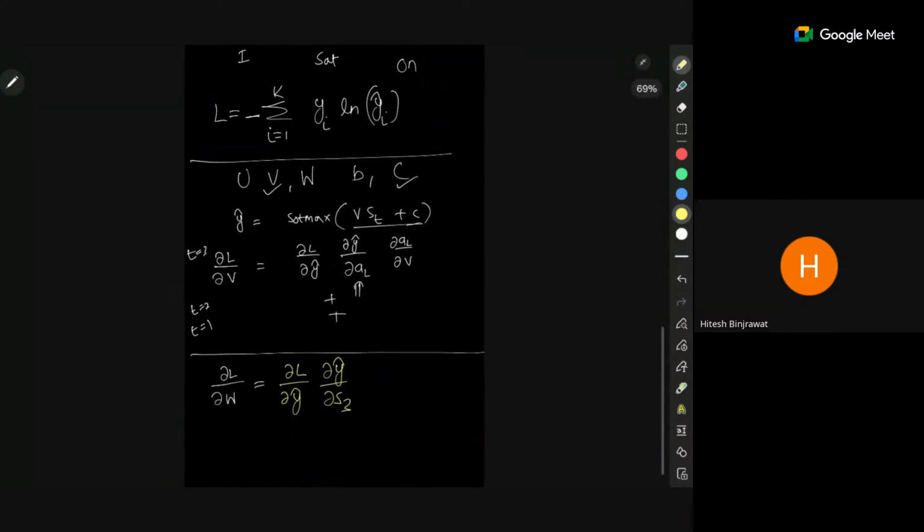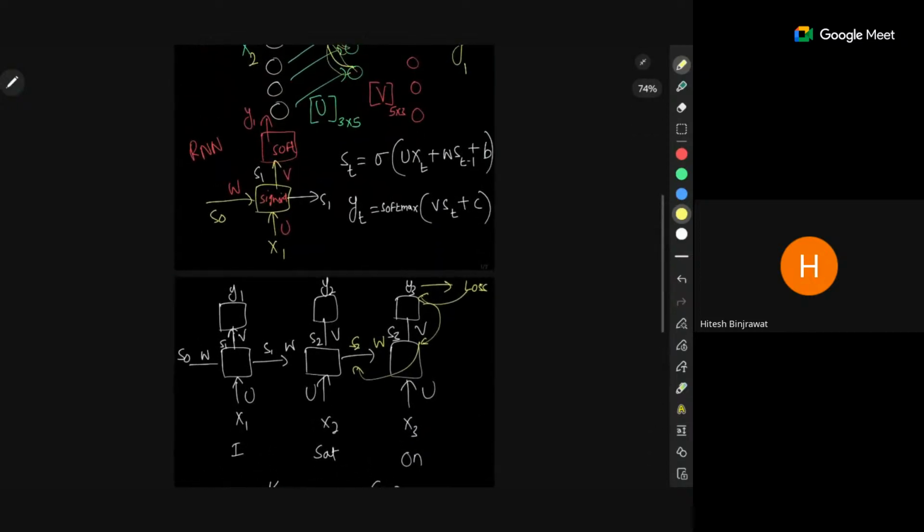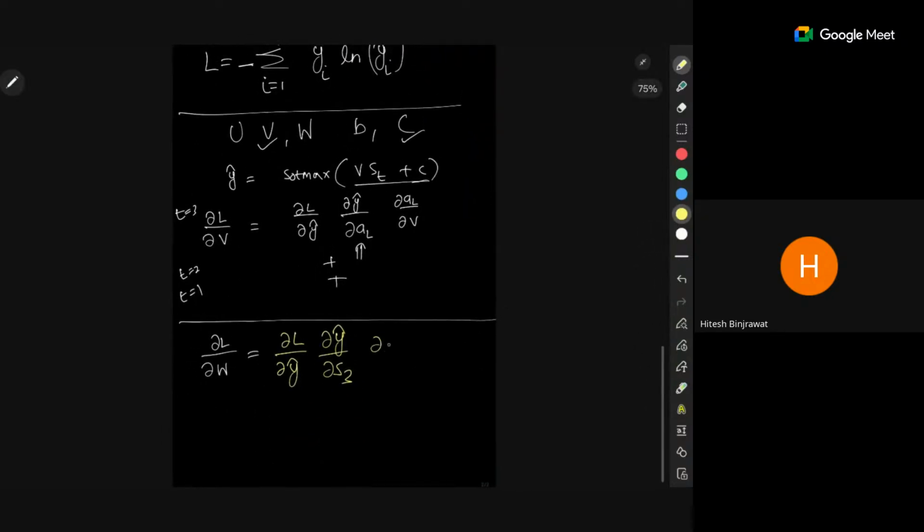Then s3 is the one connected to W. If I write st, you can see here s3 is Ux3 plus Ws2, right? So here one component of W is there, so I'll do the partial of s3 with respect to W.